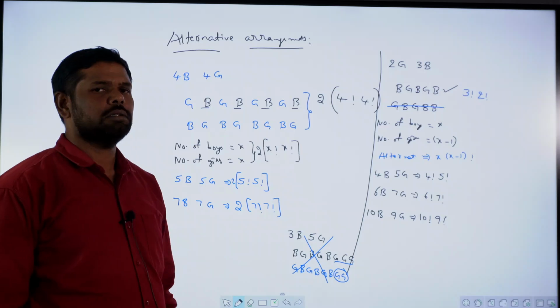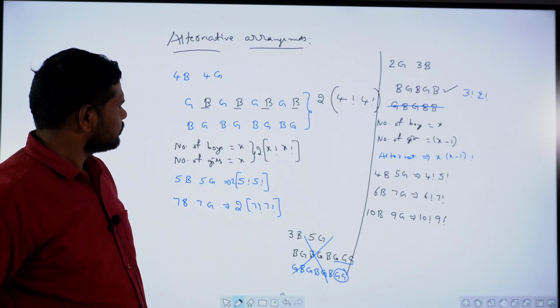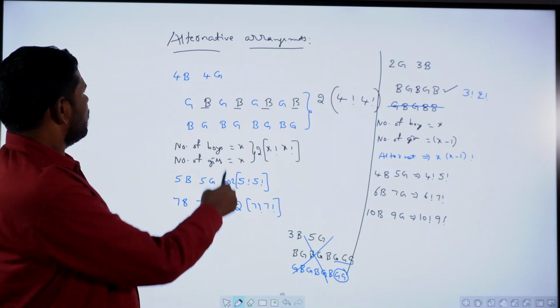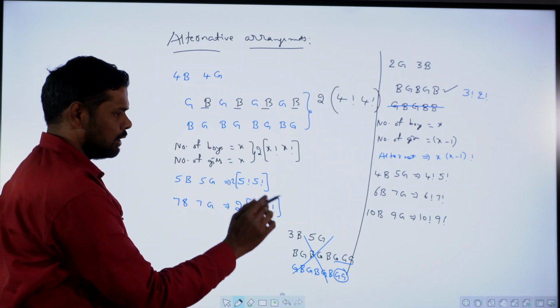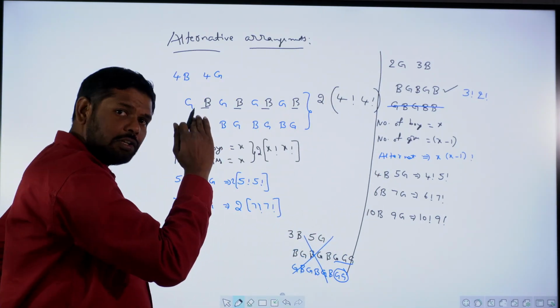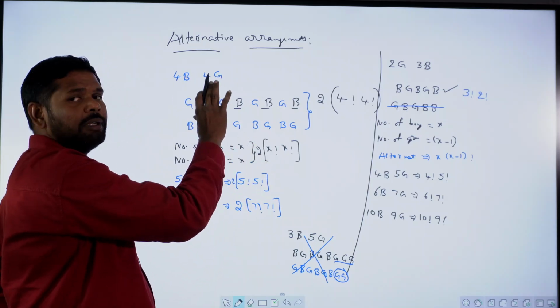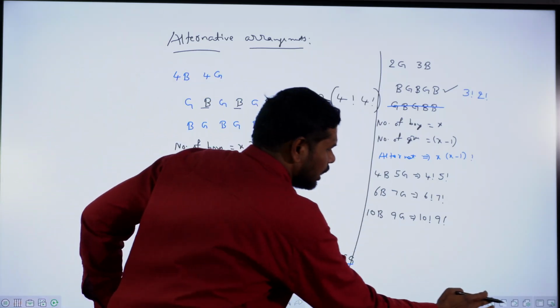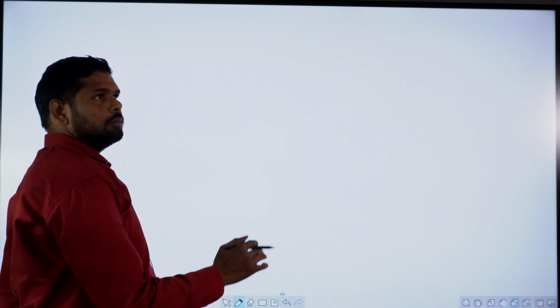That is important. This one is clear now. So that's why only if they are equal or differ by 1 is it possible to arrange them in the alternative seating. Otherwise, it is not possible.